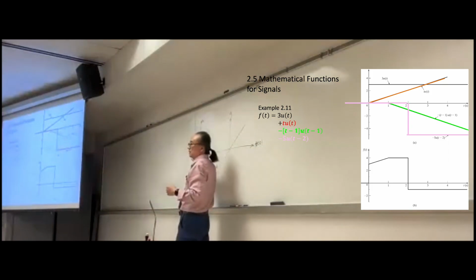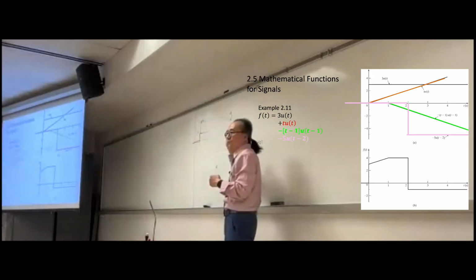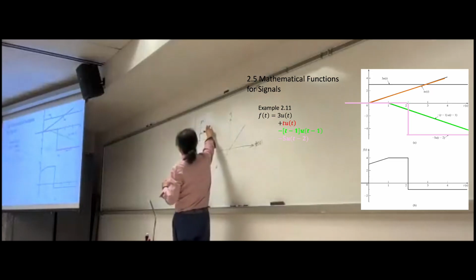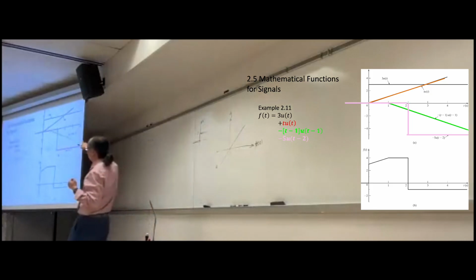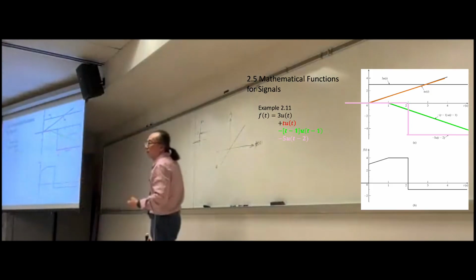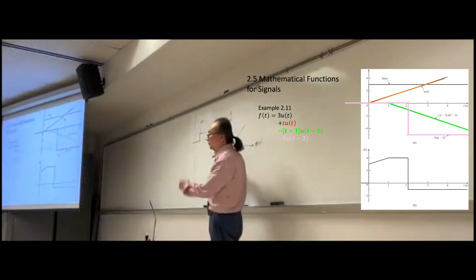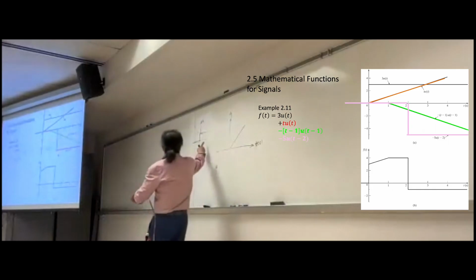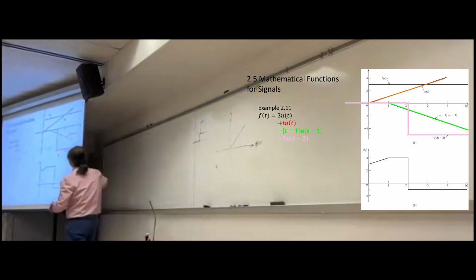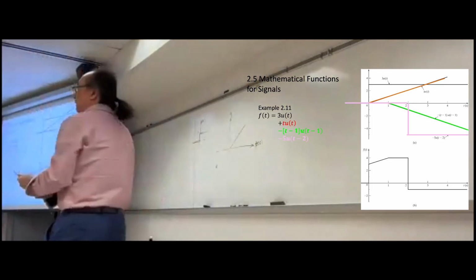Anything above 0 is 1. 1 times any given function is that function. So u of t, whether the magnitude is 2 or 3 like the first signal, is not going to have much impact on the other signal except to clear up the negative side. Right? So if you multiply these two, we have a line starting from 0 all the way up. So that's the red line, right?